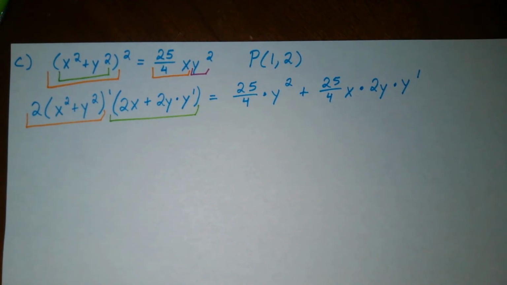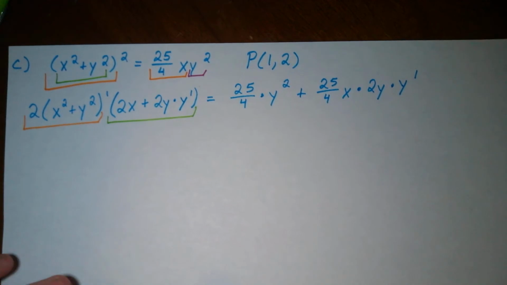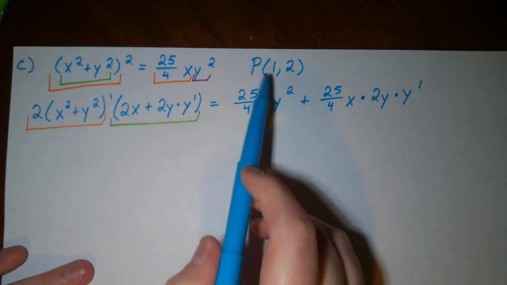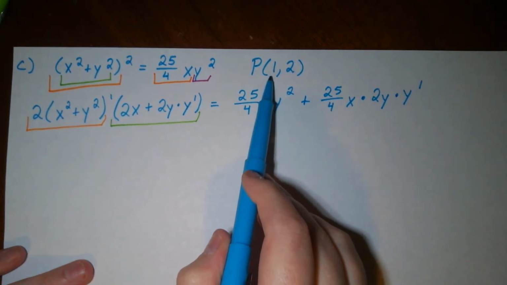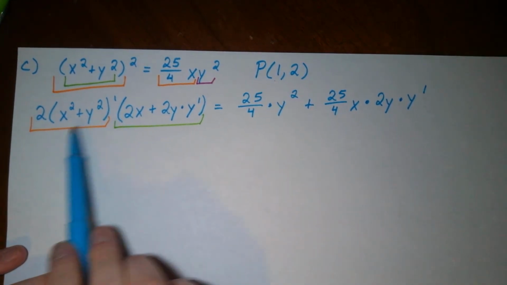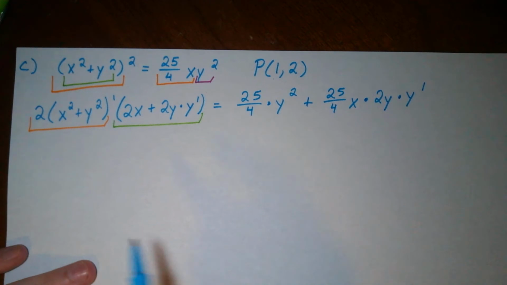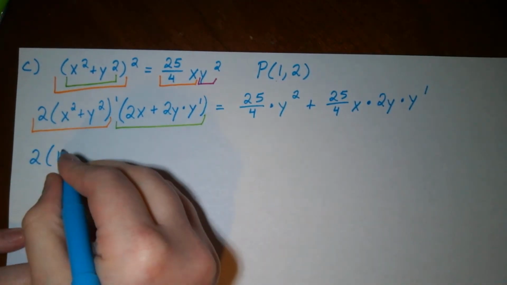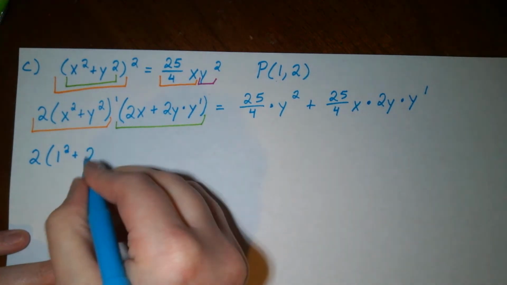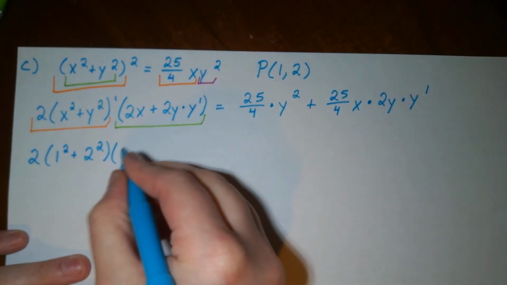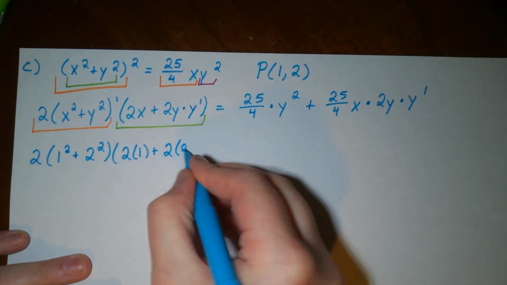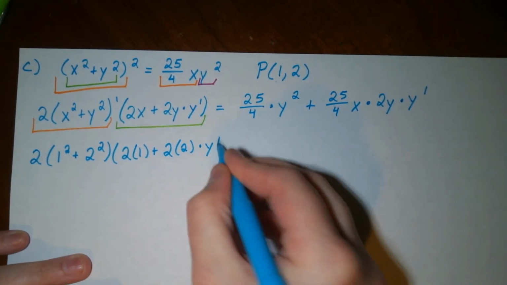Great. All right, let's see. Can I clean this guy up at all? You know what? I'm not going to. Instead, since I'm finding the tangent line at the point 1, 2, I can just go ahead and plug these numbers in. Let's go ahead and do that and see how it works out for us. So we're going to have 2 times 1 squared plus 2 squared times 2 times 1 plus 2 times 2 times y prime.